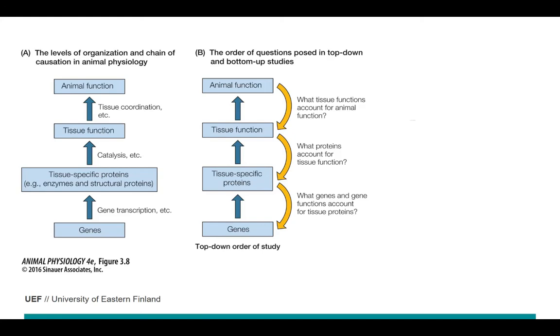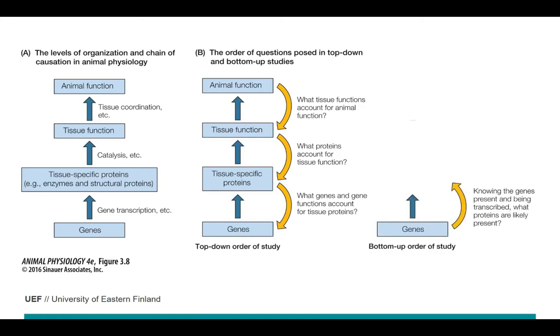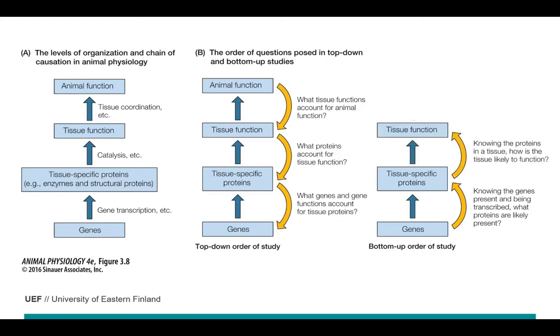But with genomics, we now know what kind of genes exist, are present, or are transcribed. So we know what kind of proteins exist in these tissues. And then, when we know the proteins, how should this tissue most probably function?